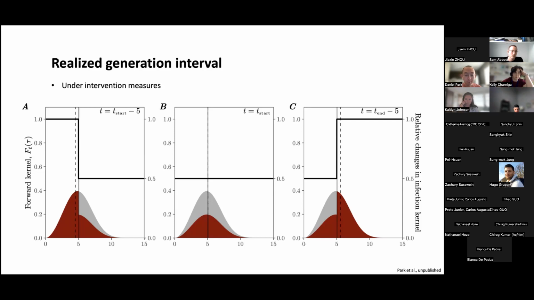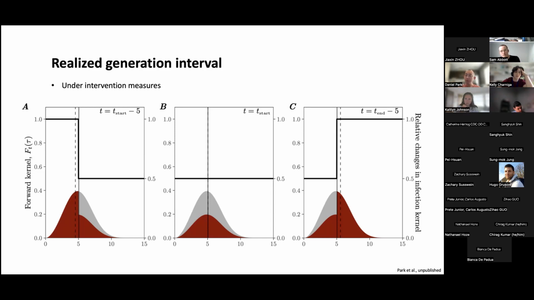In all these scenarios, we have the same intrinsic generation interval distribution. So all these 3 individuals have intrinsically identical profiles of infectiousness, but the intervention measures are modulating how they're effectively transmitting in real life, and that's going to affect their realized generation interval distribution.